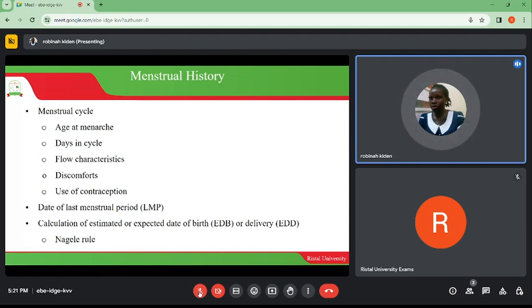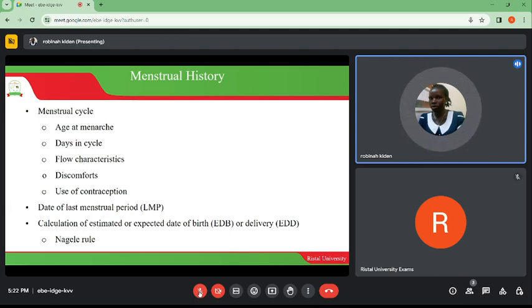So if you get a mother who has seen her menarche late, it's very important to advise her that as you plan your reproduction, please understand that you are likely to go into early menopause, because based on research, that is what the data says. Then you also ask the mother the days in the cycle. Some mothers have 28 days, others 29, others 30, 32. So it varies. It's very important to establish this.